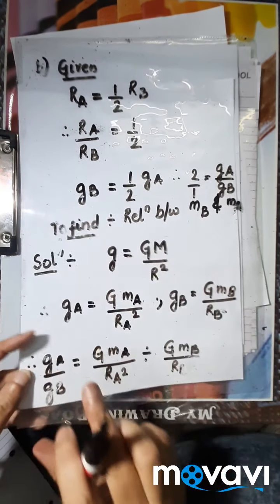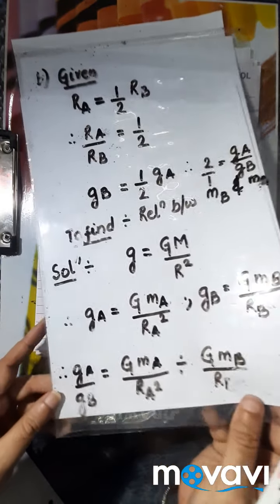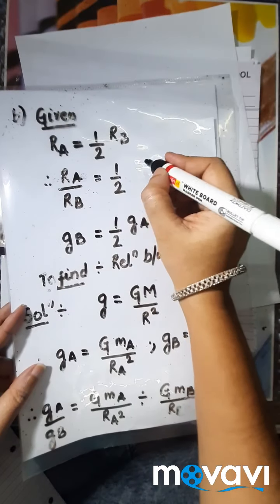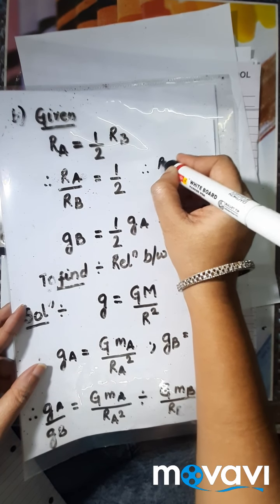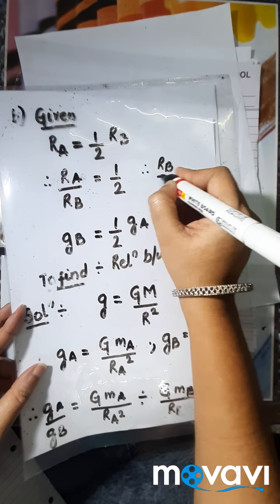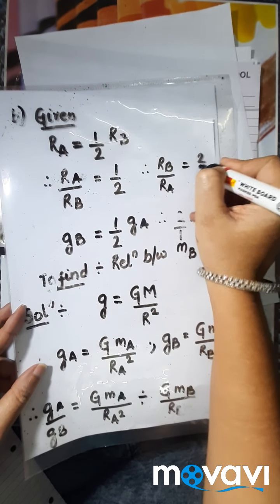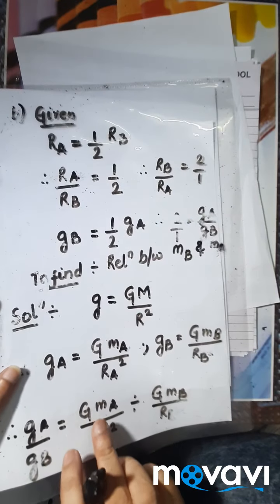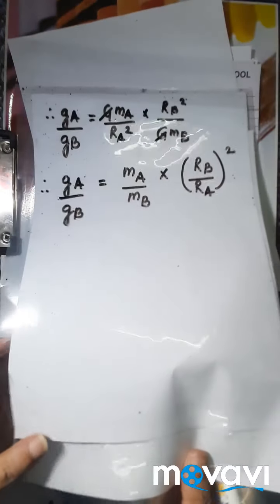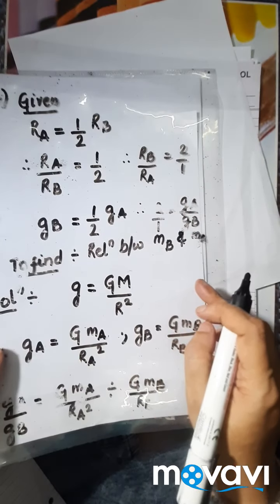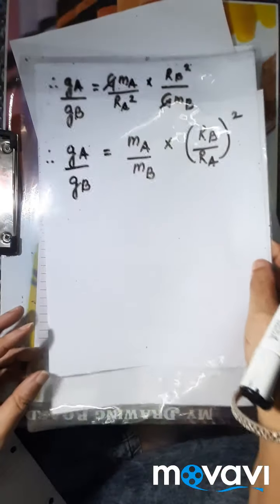Now my RA upon RB is equal to half, but I want RB upon RA. So my RB upon RA is equal to 2 upon 1. So my GA upon GB is 2 upon 1.